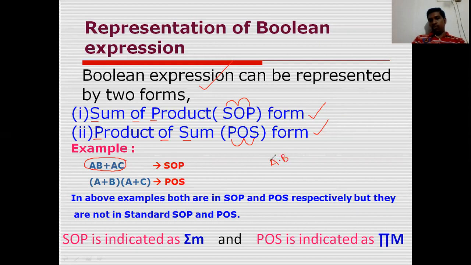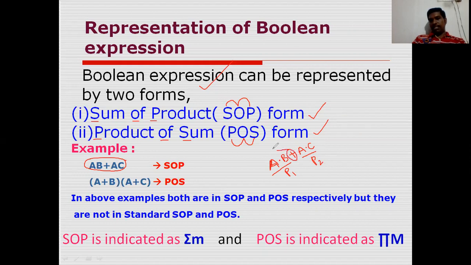When you multiply two literals or two bits, you can say it is a product term. So A into B plus, then what is the second term? A into C. So the first product term is AB and the second product term is AC. And these two product terms, we are doing plus.